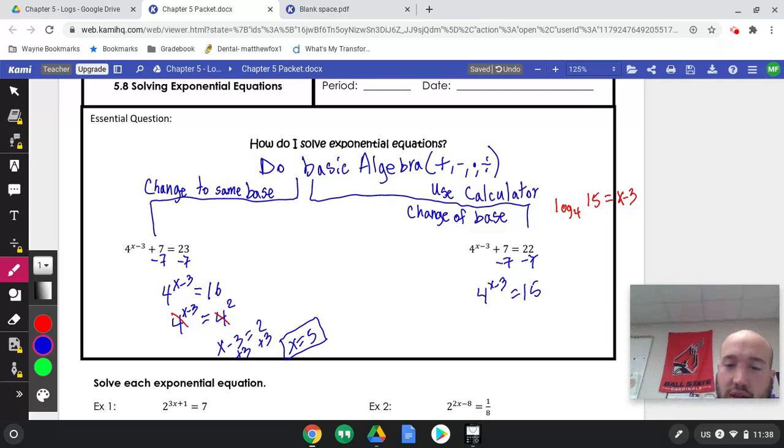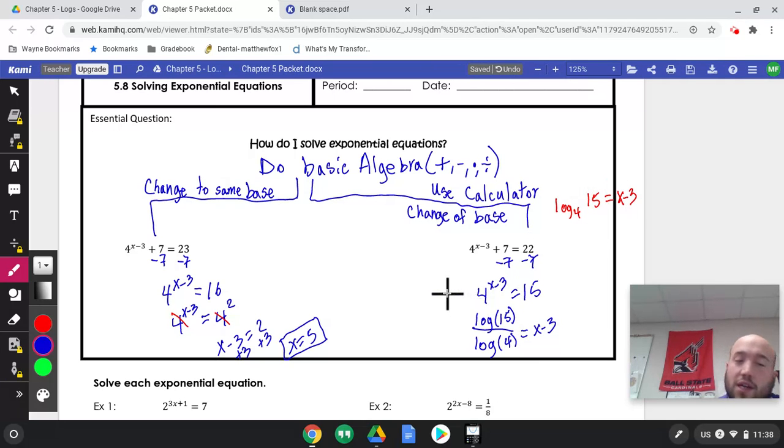Now, we're still going to do that. So it is the log of 15 divided by the log of 4. And whatever we get will be equal to x minus 3. If you want to rewrite it, you can. You can rewrite it like this every time.